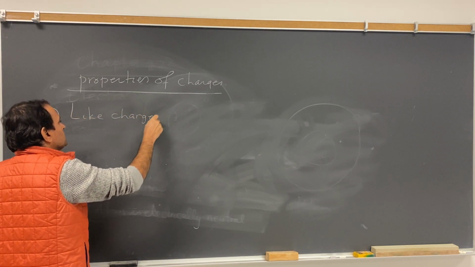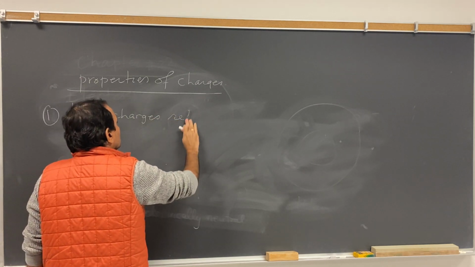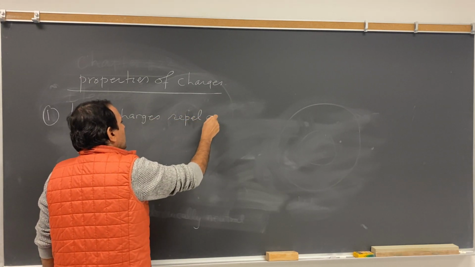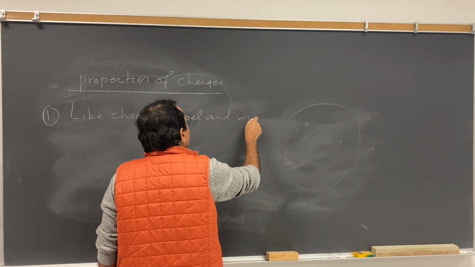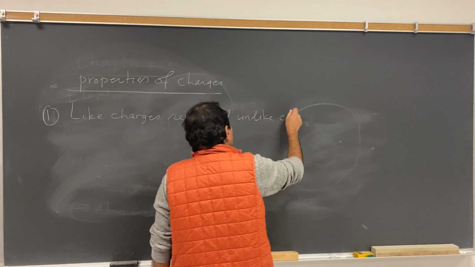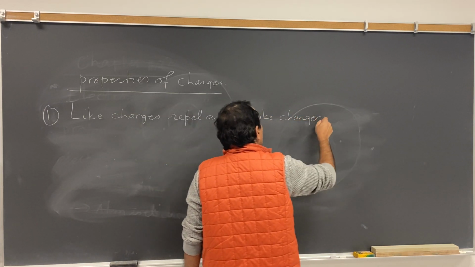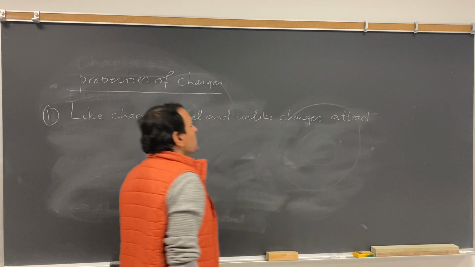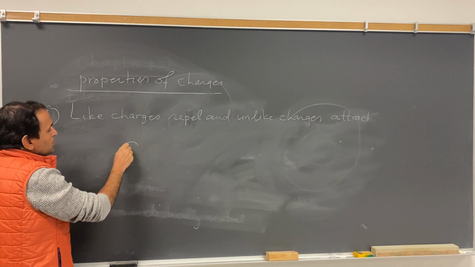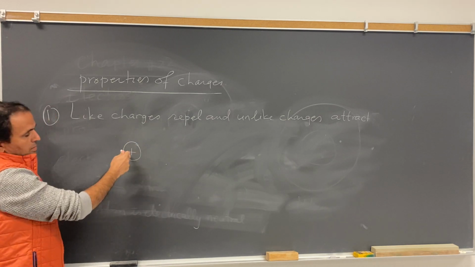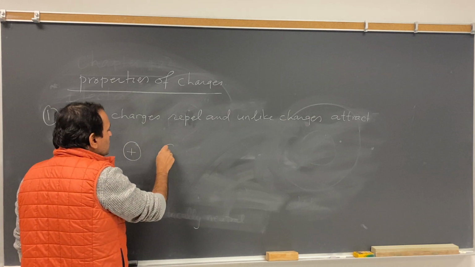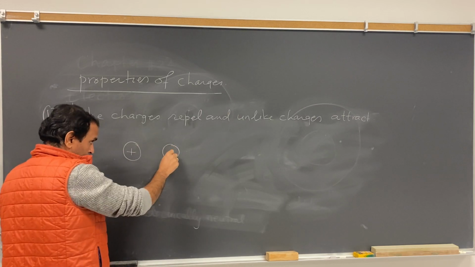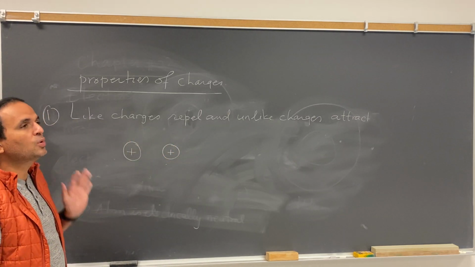like charges repel and unlike charges attract. What does this mean? If you have a proton here, positive charge, and another proton there, again positive charge, they are like charges.